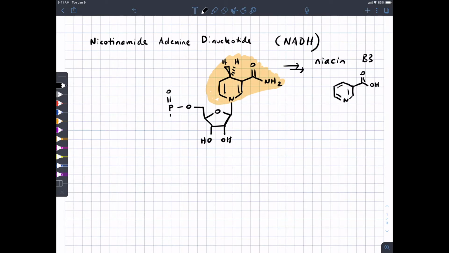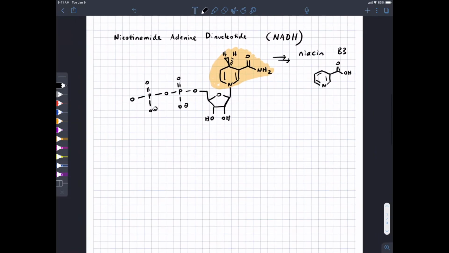There's a phosphate there attached to another phosphate there. This is called a phosphoanhydride. And then that phosphate is itself attached to another ribose ring. And that ribose ring is attached to the base adenine.